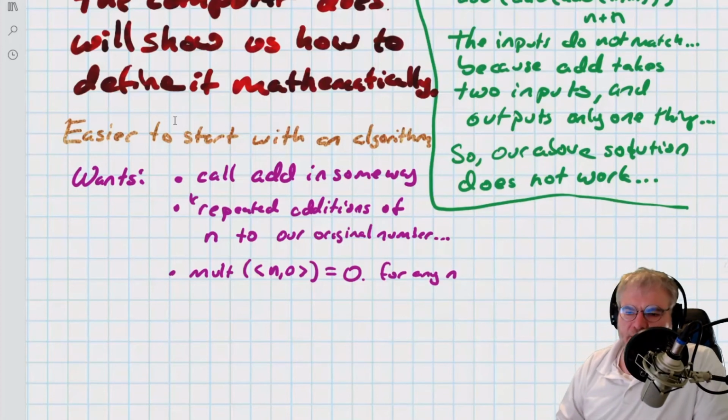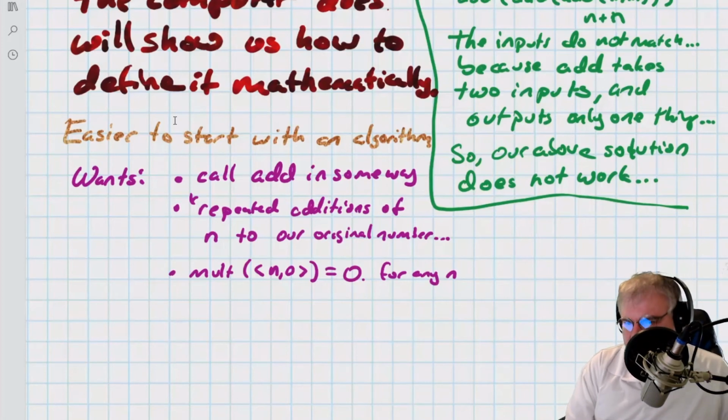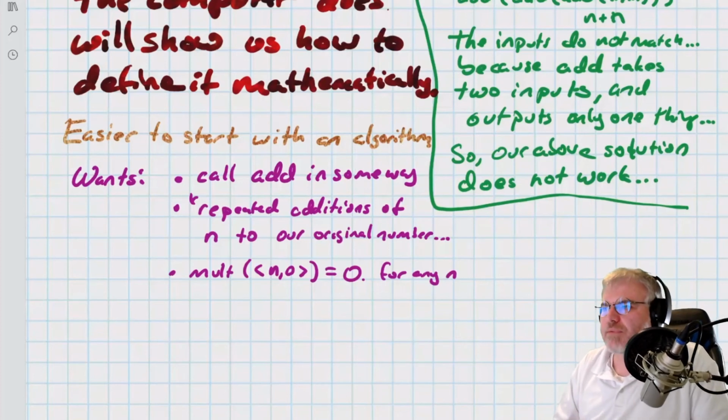So how do we feel about what we want to do, kind of 1 to 5? What we want to accomplish here. How do we feel about what we want to happen?